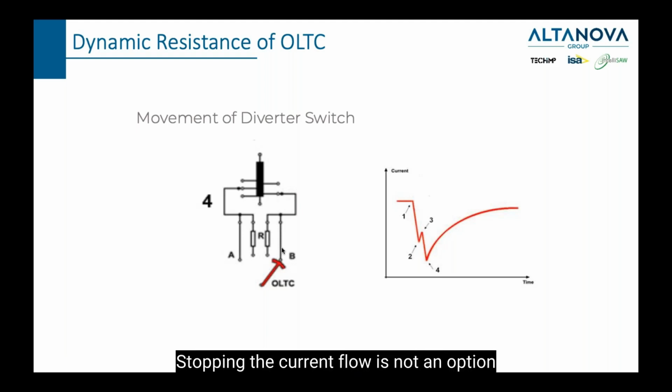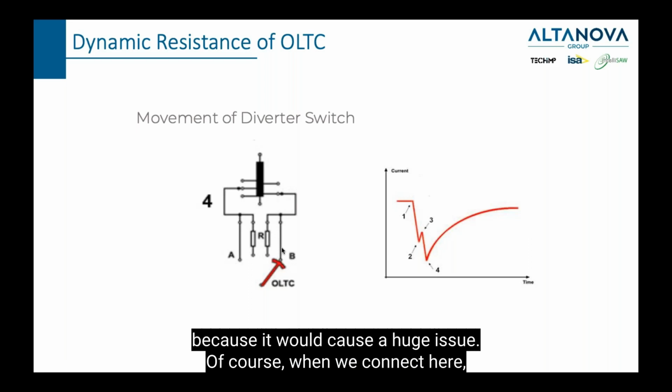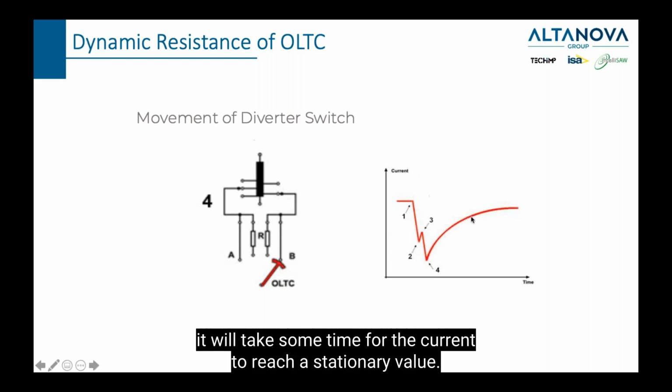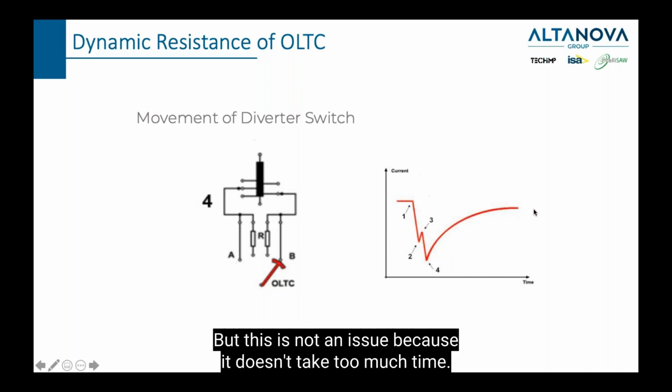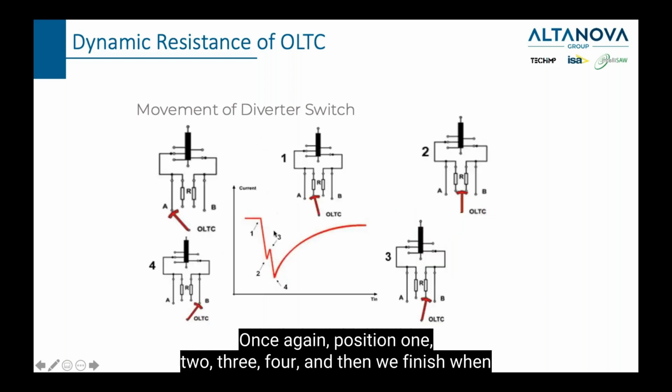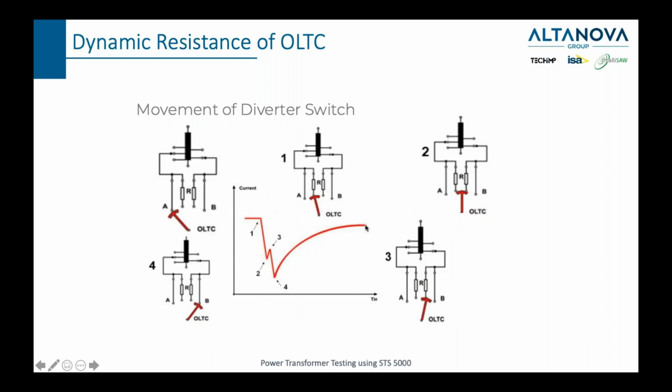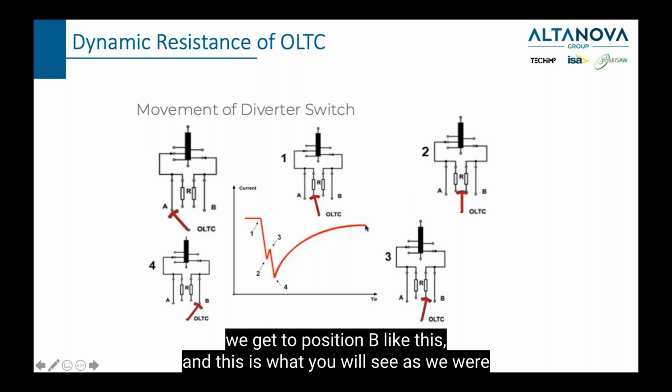Stopping the current flow is not an option because it would cause a huge issue. Of course, when we connect here, it will take some time for the current to reach a stationary value, but this is not an issue because it doesn't take too much time. Once again, position 1, 2, 3, 4, and then we finish when we get to position B like this.